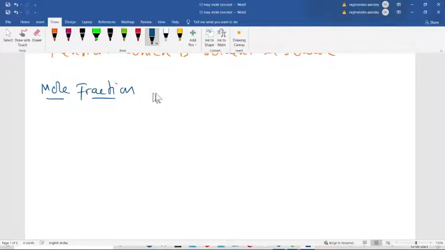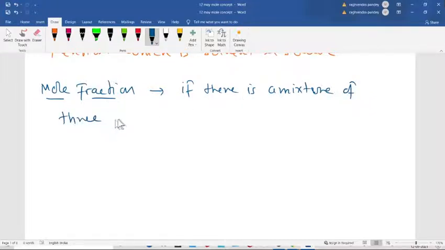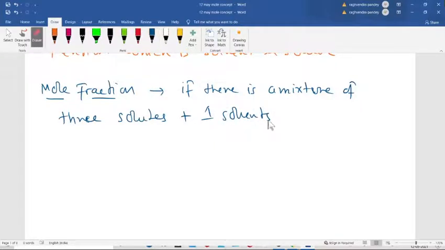There is no exact definition, but if I write, suppose there is a mixture of three solutes plus one solvent.